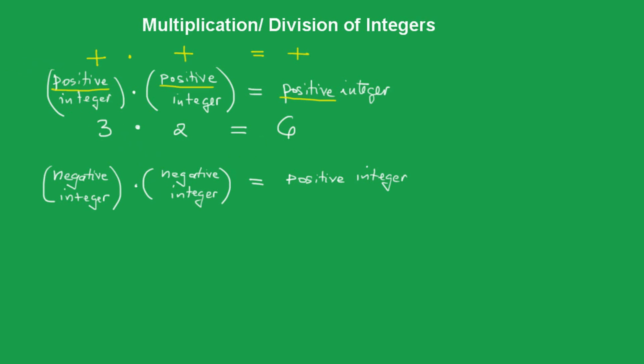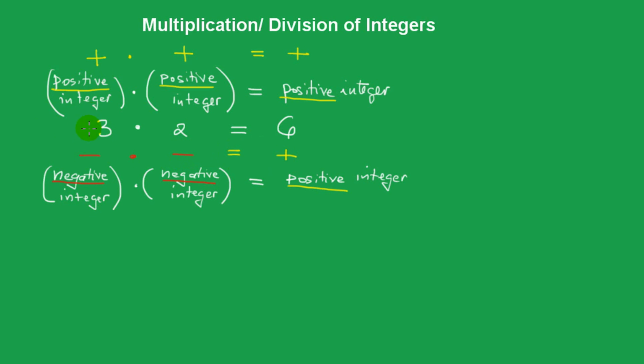Now, let's say you're given two negative numbers. Negative integer times a negative integer. The answer is not a negative integer, but a positive integer. So the rule to remember here is negative times negative equals positive.